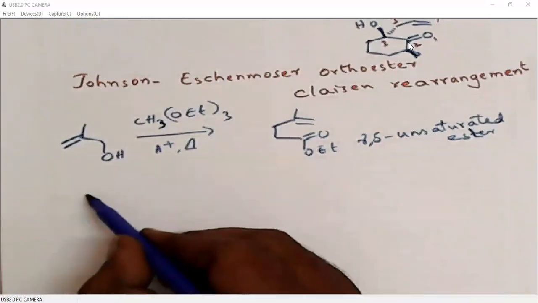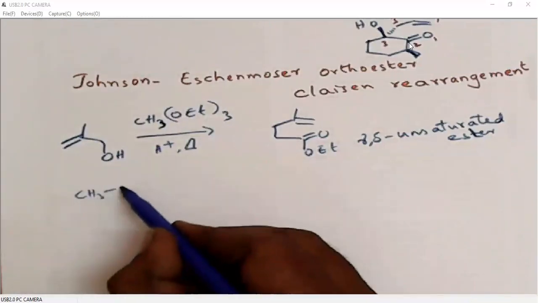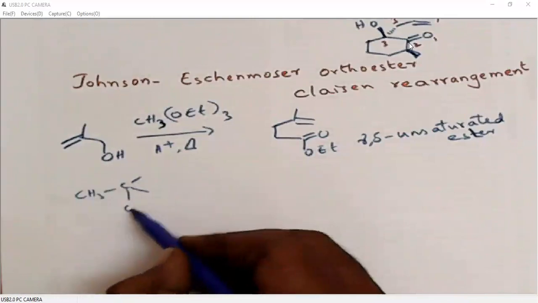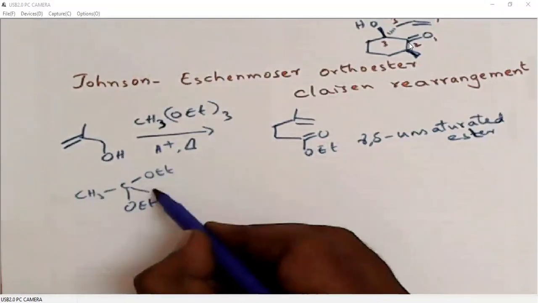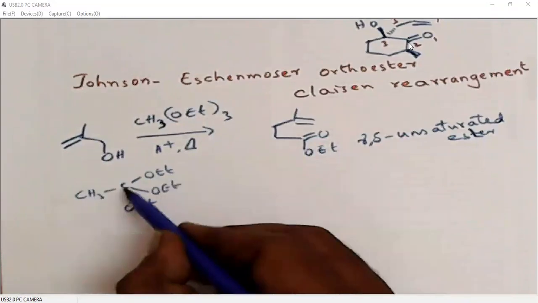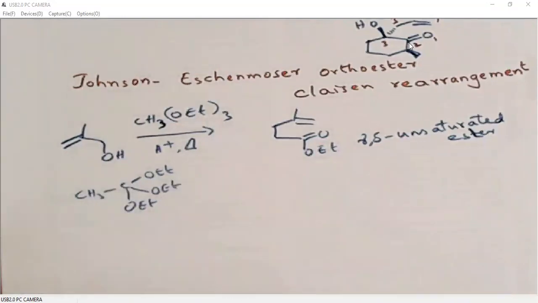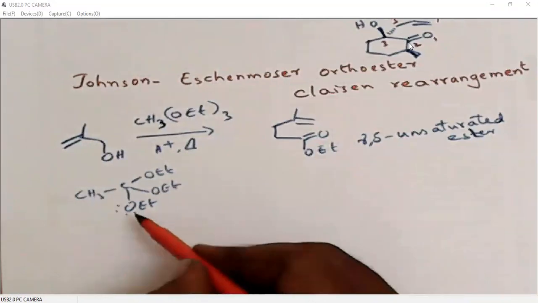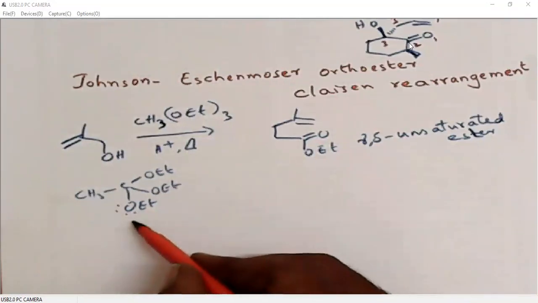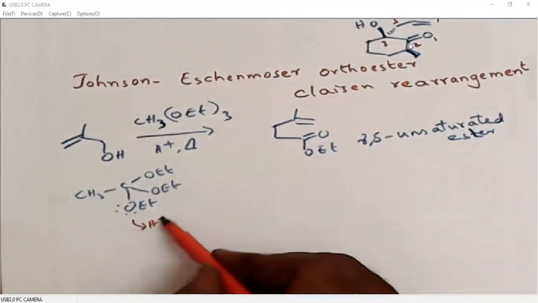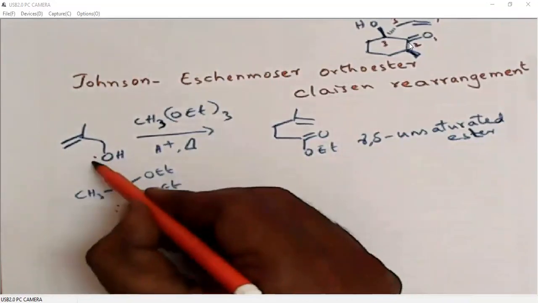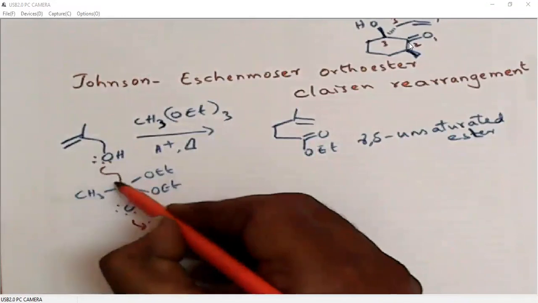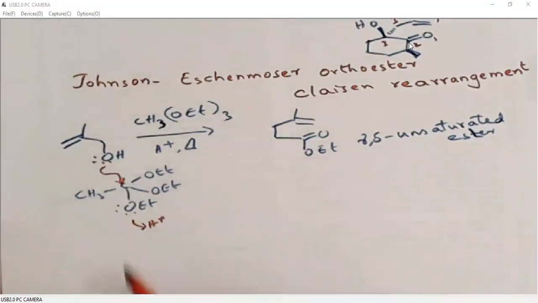Under acidic conditions, the orthoester, which has 3 alkoxy groups on the same carbon, can have one of the alkoxy groups protonated so that it becomes a leaving group. Now this alcohol with its lone pair will attack the orthoester carbon.